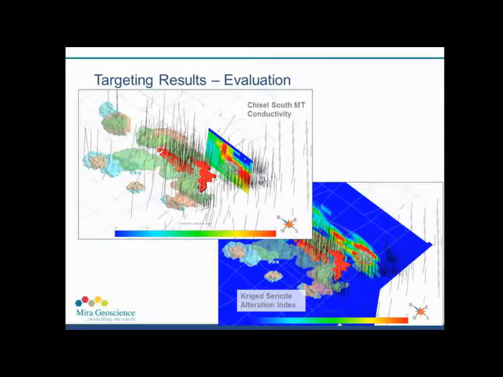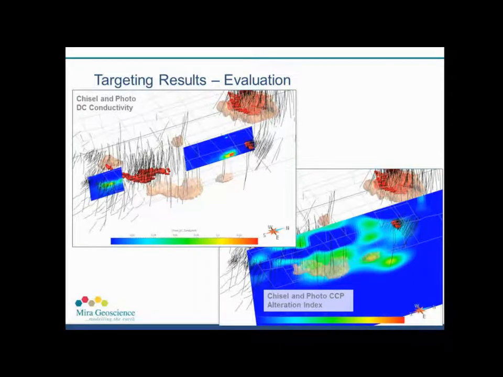You can see the orientation here, and so east of Chisel, there's some high potential areas, and there's some conductors in the MT model there. And again, I have the sericite index model showing increased sericite alteration index in that area as well. So maybe there's some influence from alteration on the conductivities.